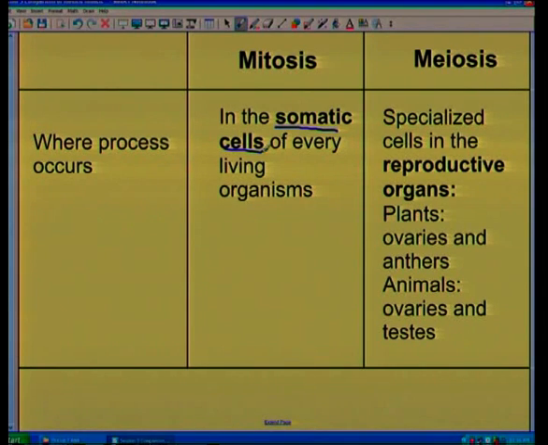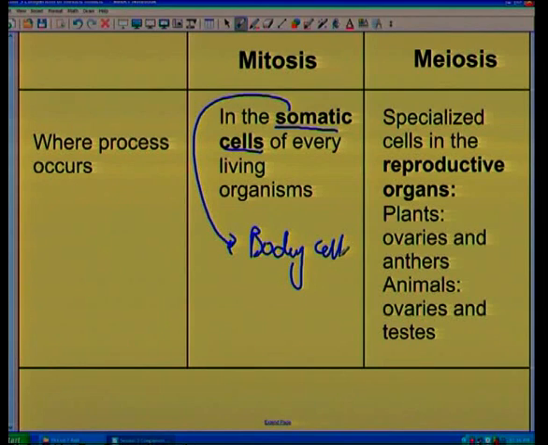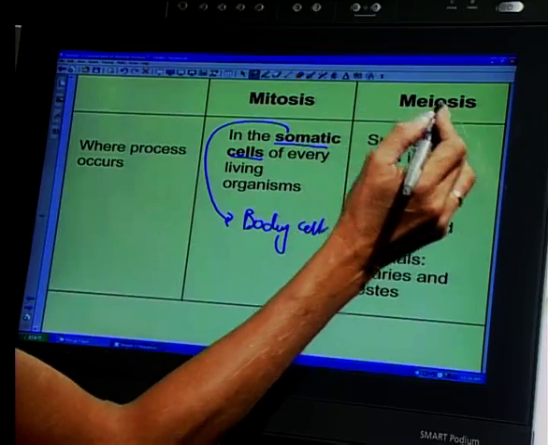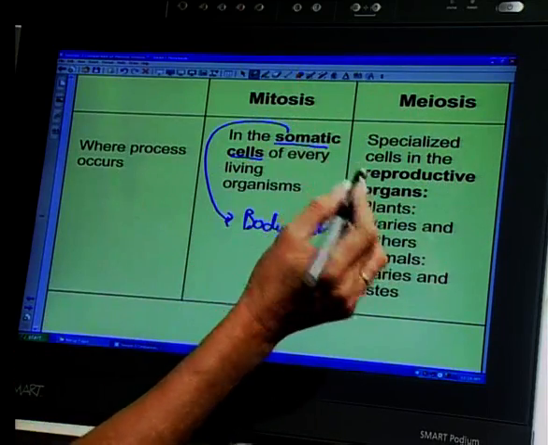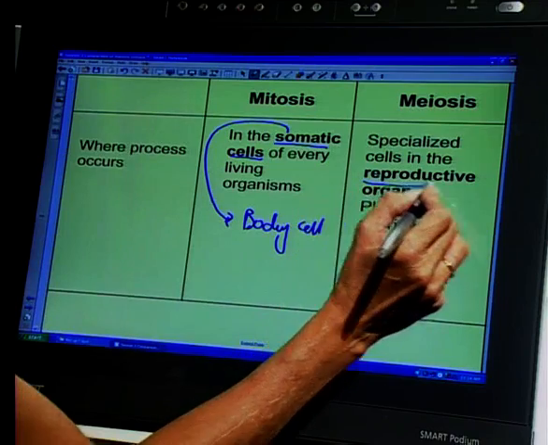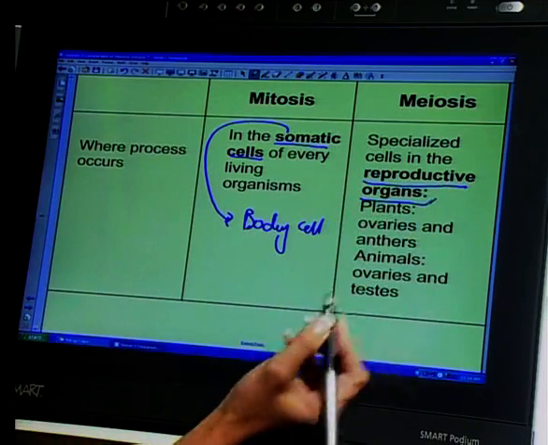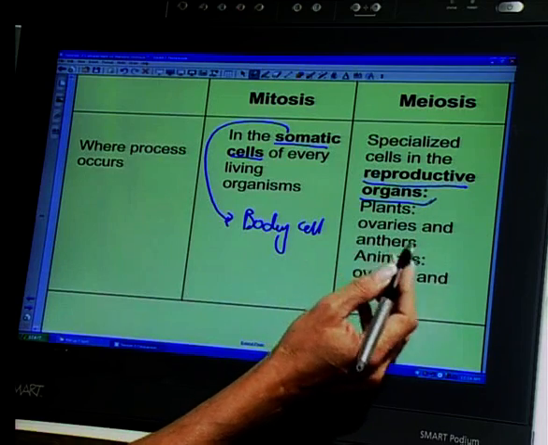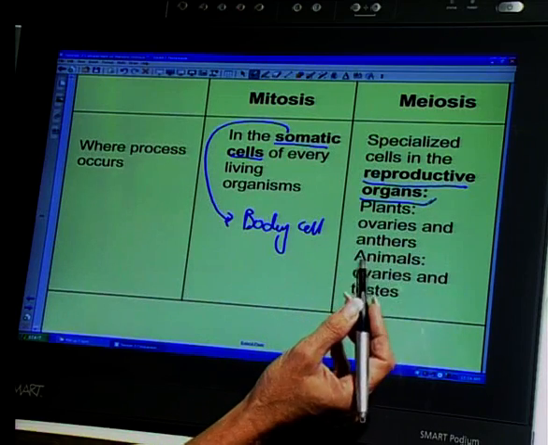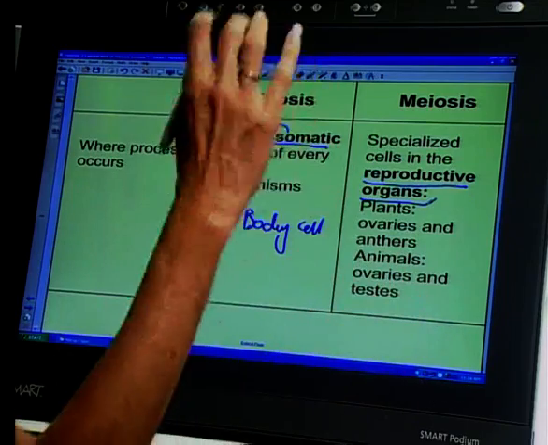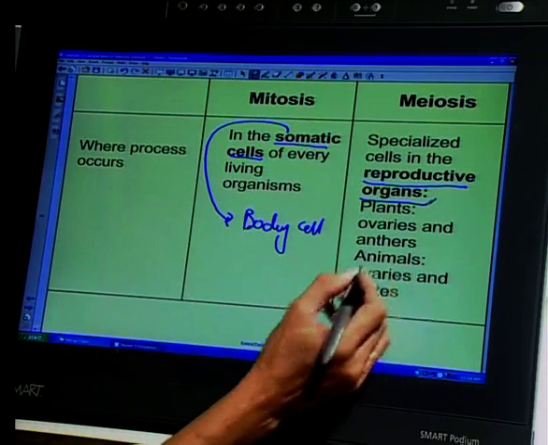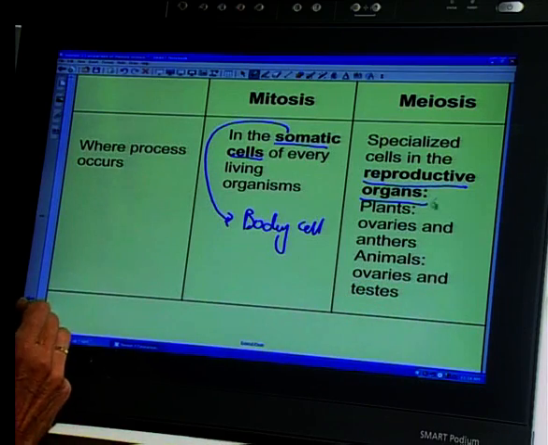It is every single body cell that you have, all the cells excluding your sex cells. Meiosis is for sexual reproduction. So therefore, it's going to occur in the reproductive organs. In plants, you're looking at the ovaries and the anthers, at the end of the stamen, and then in animals, the ovaries and the testes.